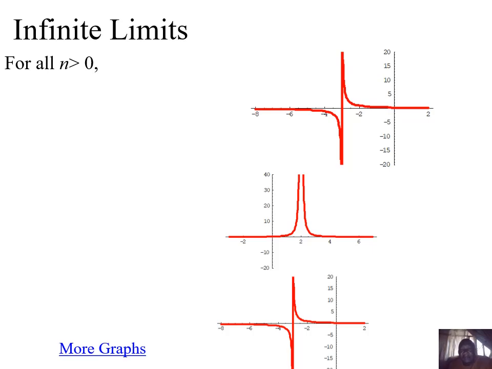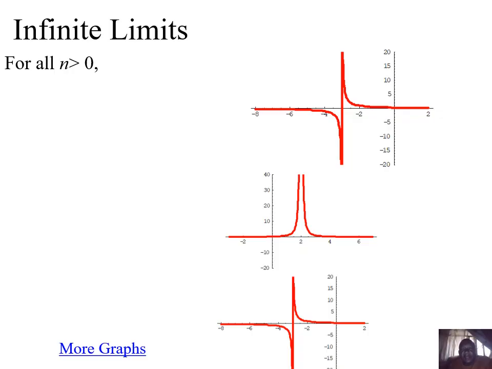You can use any utility to plot this, or you can also plot manually. So pick your a, say if n is 2, greater than 0, and your a, say 4. So if you take this limit, 1 all over (x minus 4) raised to the power of 2, compute for different values of x from the side of 4.